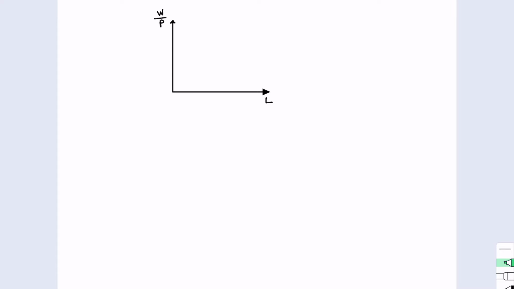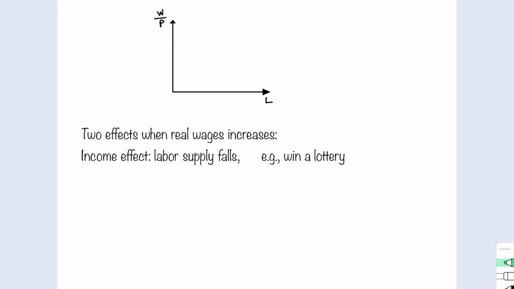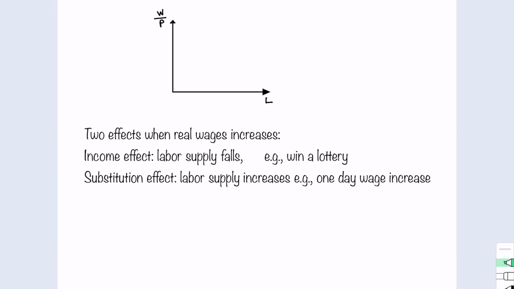So there are two effects going on when the real wages increase. The first effect is called the income effect, which indicates that when the real wages increase, the labor supply should fall. On the other hand, there is another effect called the substitution effect. It indicates that when the real wages increase, the labor supply increases.